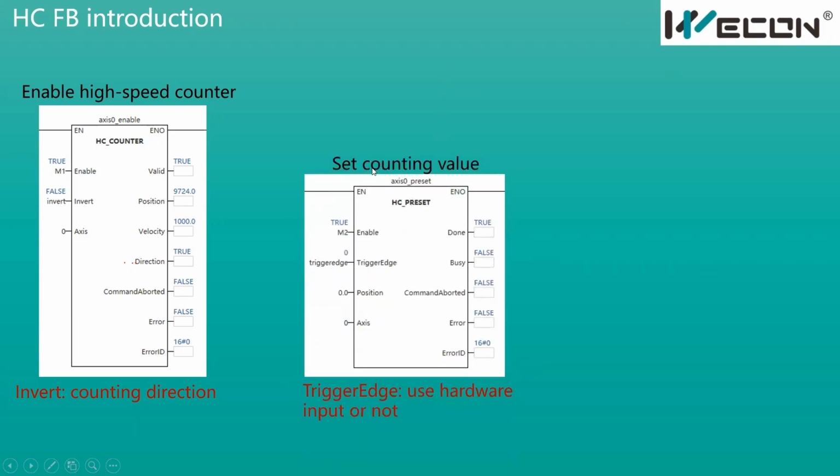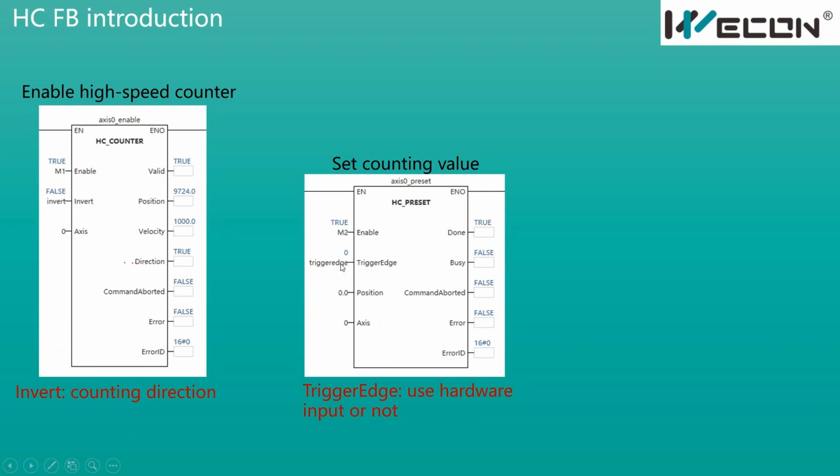And the second function block is this one, preset. This function block is used for setting the counting value. We could see here we have 4 inputs. This trigger edge means we could use hardware to trigger this preset, or we could use direct enable to trigger it.